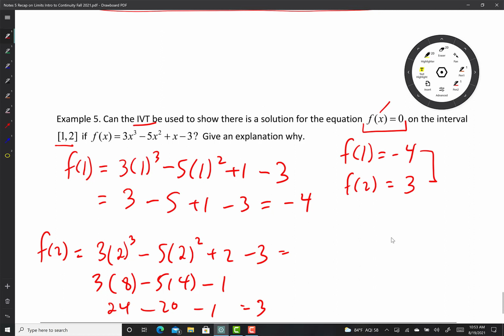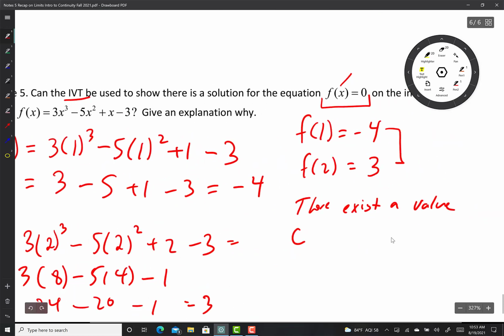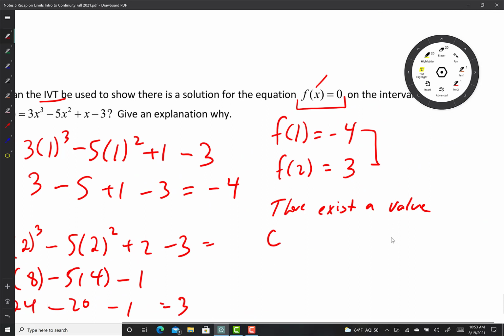So I do. There exists a value c, and I'm going to tell you what c is. This is how you would write it on any exam, not just the AP exam. There exists a value c such that f of c equals 0.